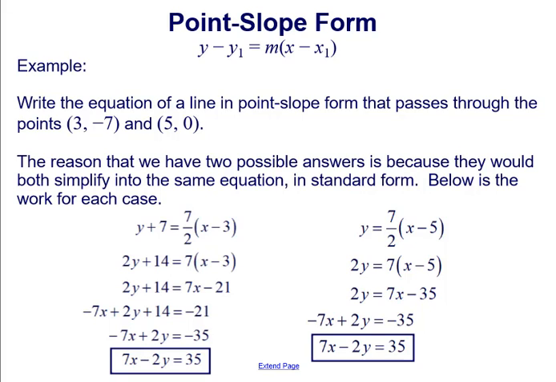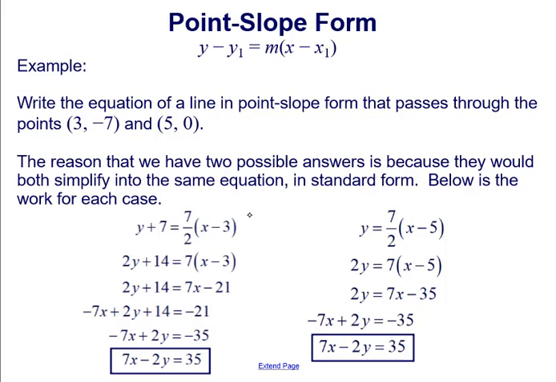The reason that we have two possible answers for the point-slope form of this line is that they would both simplify into the same equation in standard form. Below we can see that if we start out with our two different point-slope answers, and do a little distributing, get rid of our fraction, get the x and y both on the same side, and get the coefficient of x positive, we end up in both cases with 7x minus 2y equals 35.